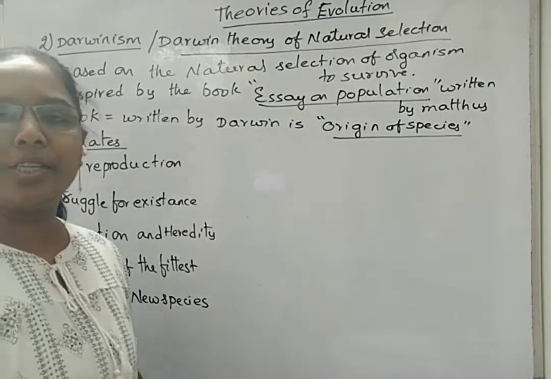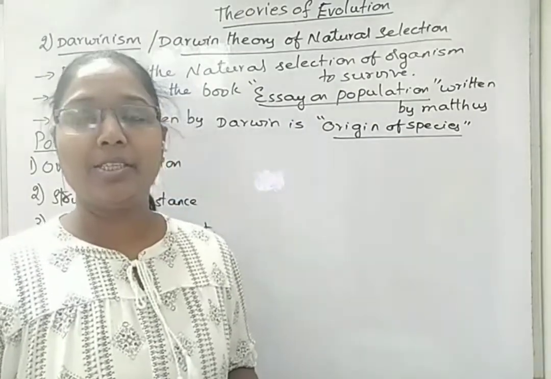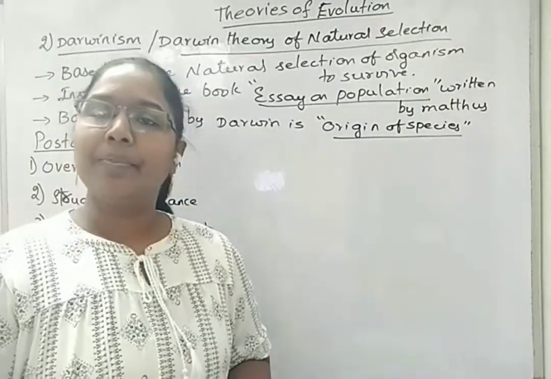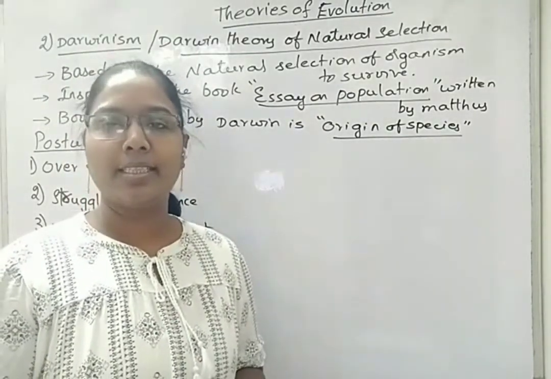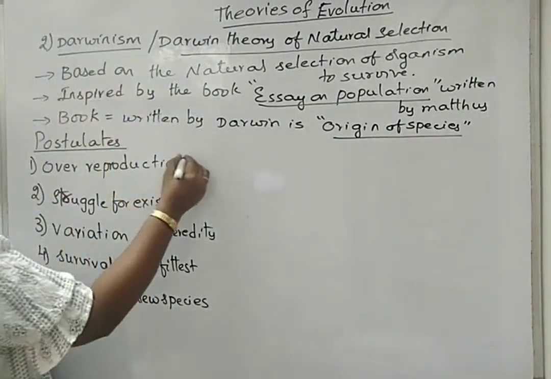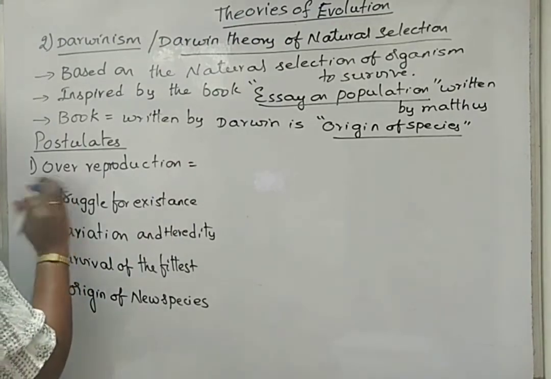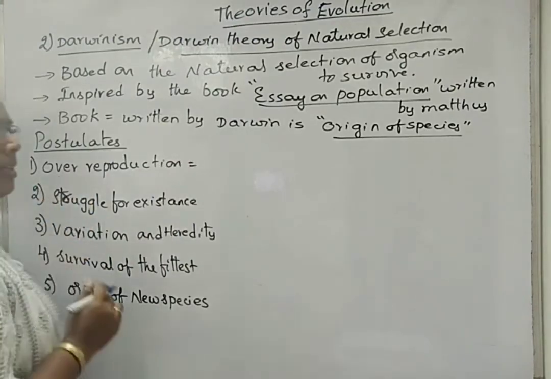In his observation, Darwin explained the adaptive radiation exhibited by the finches seen in the Galapagos Islands. Next, he also gave some postulates. The first one is over reproduction.